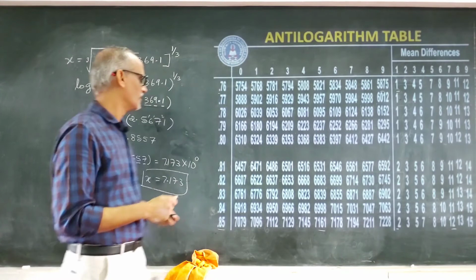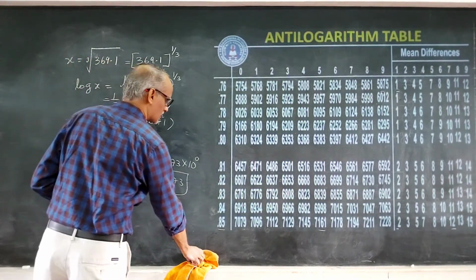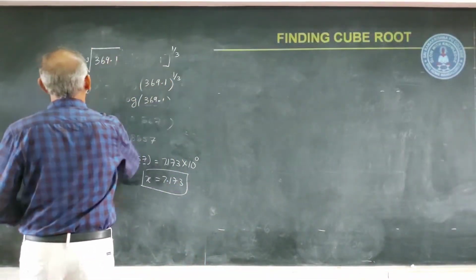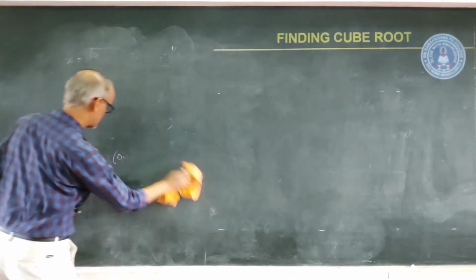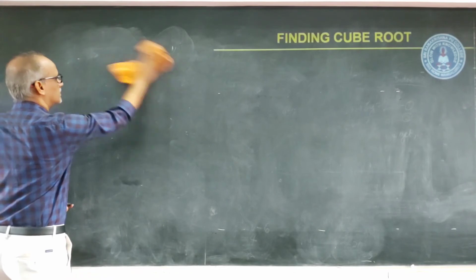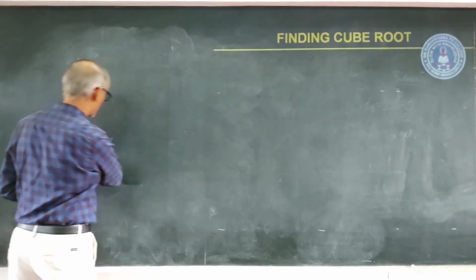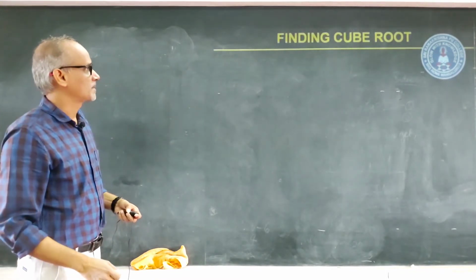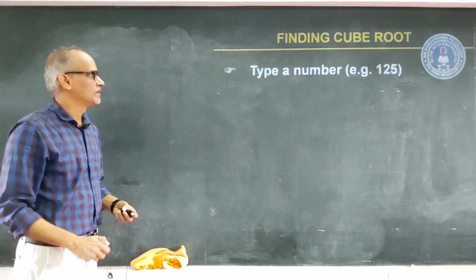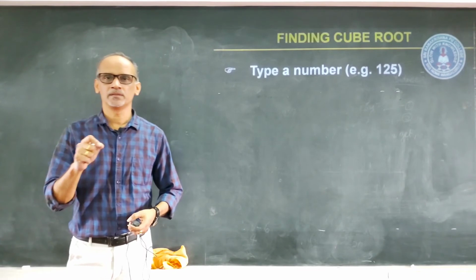Okay, right. So now please check the screen and then see step by step you can do this method. First, step number 1. You have to type a number in the calculator.